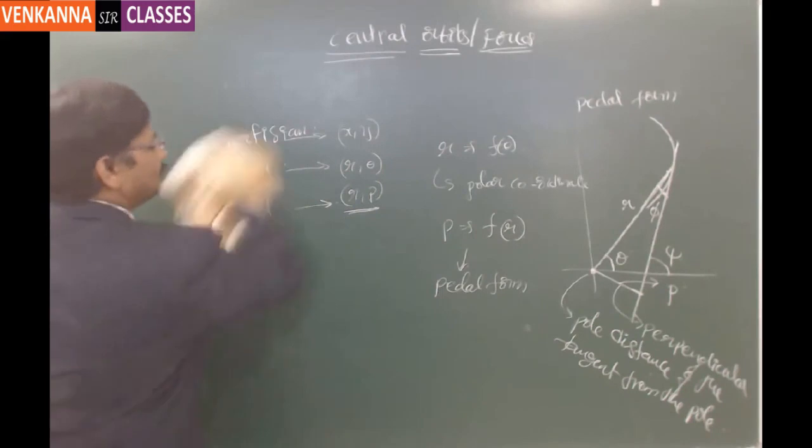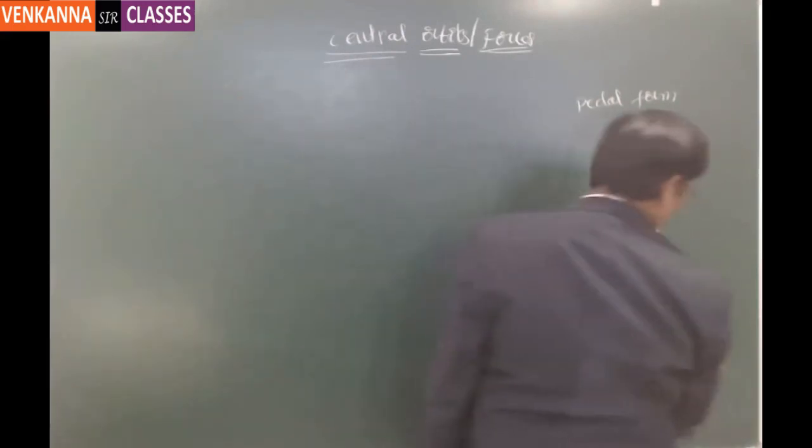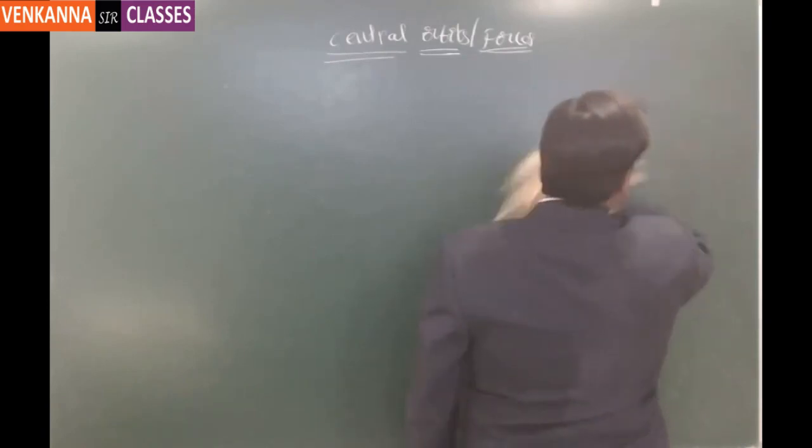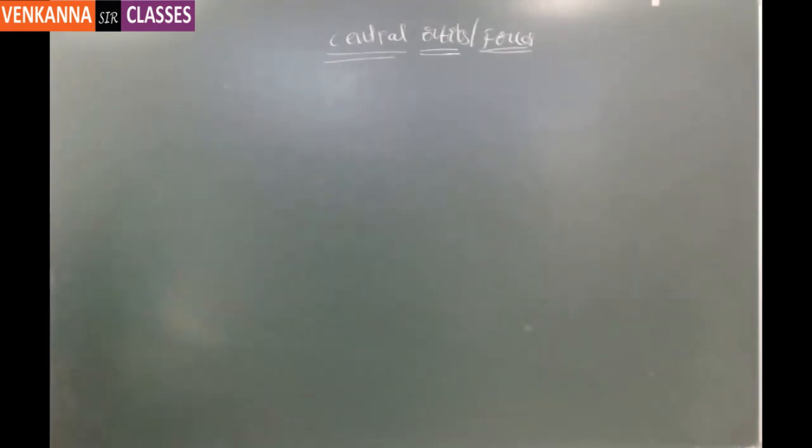Okay. So now those relations we are going to discuss are: one is r d theta by ds equal to sine phi.